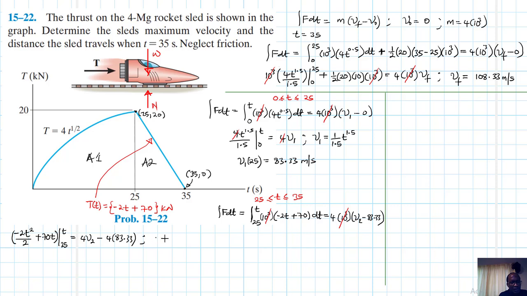Therefore, this becomes minus t squared plus 70t, okay, evaluated: minus 35 squared plus 70 by 35, minus the same at 25, equals 4v2 minus 4 times 83.33.